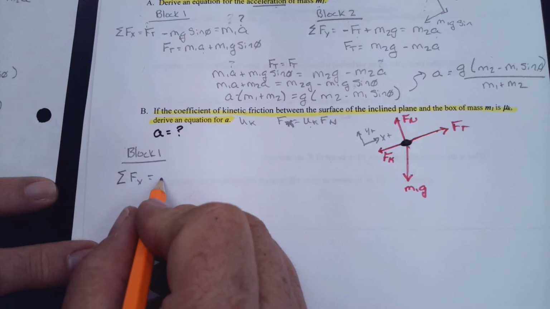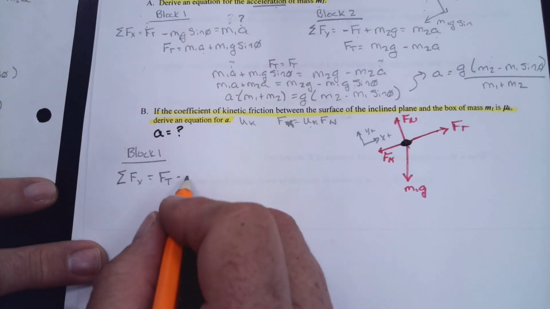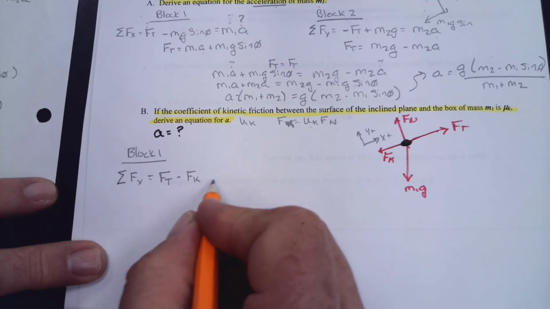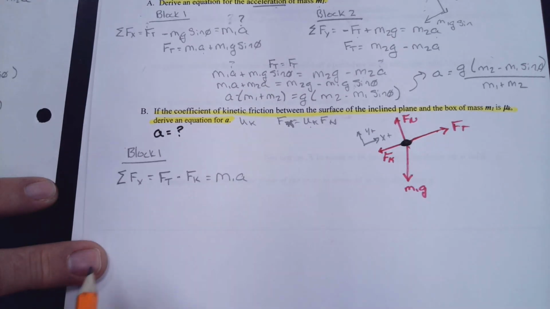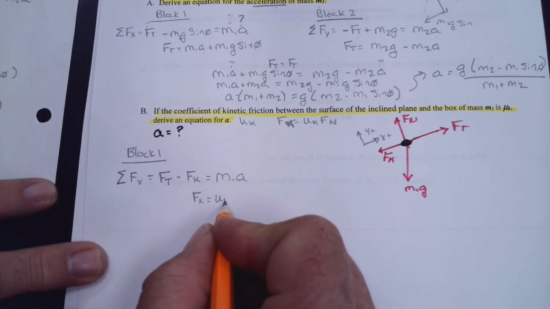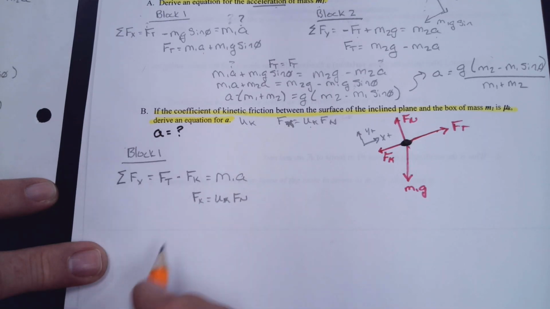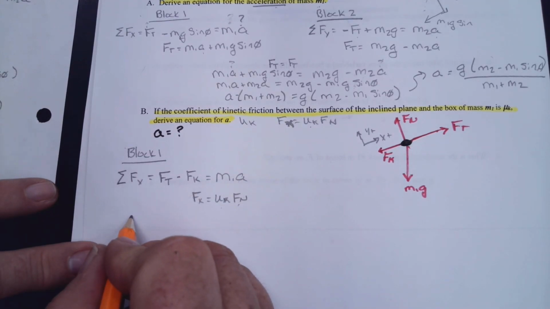So I will have my tension minus my coefficient of friction and still have mass times acceleration. Since it's kinetic, I can't get rid of my acceleration. We know that I have to take the normal force, the texture versus how much it's pushing down. So this will keep expanding out.